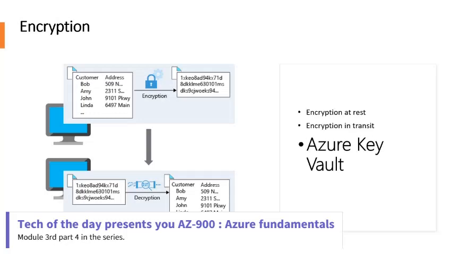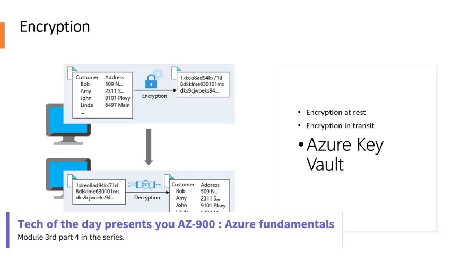You have two types of encryption in Azure: encryption at rest and encryption in transit. Data at rest is the data that has been stored on physical medium. This data could be stored on disk of a server, data stored in a database, or data stored in a storage account.